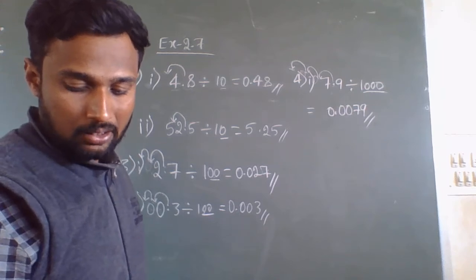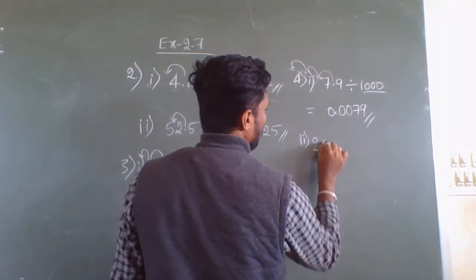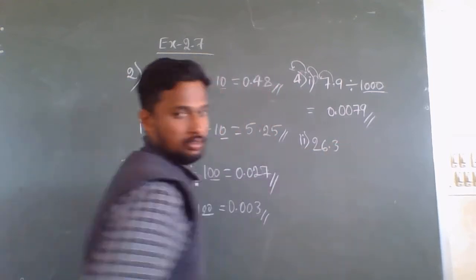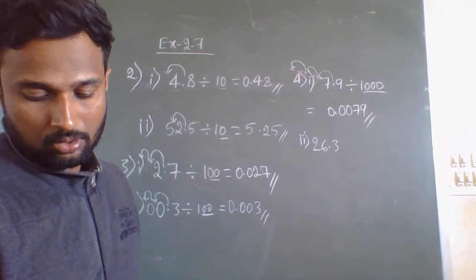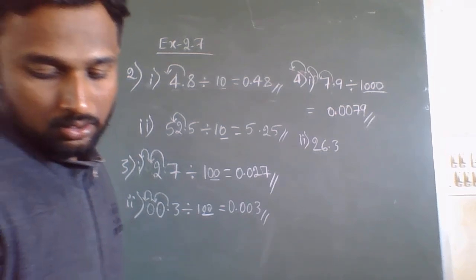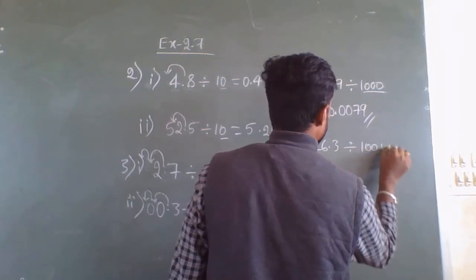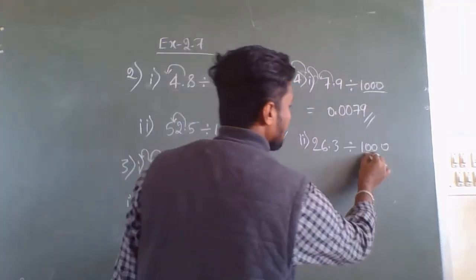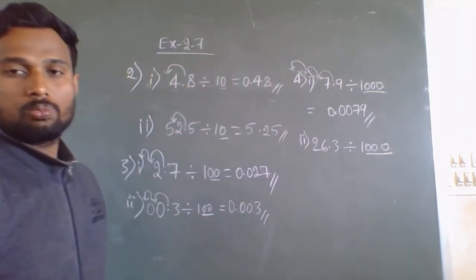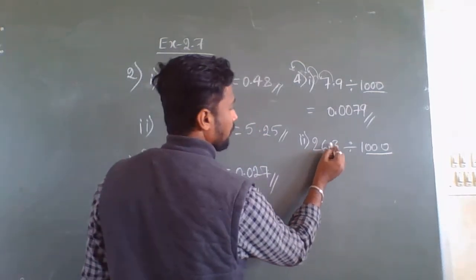26.3 divided by 1000. Fourth, second one. 26.3 divided by 1000. Now you can see how many zeros are there? Three zeros are there. So you should move three steps towards left side. Here you have the decimal point.